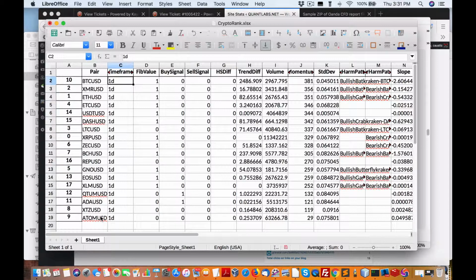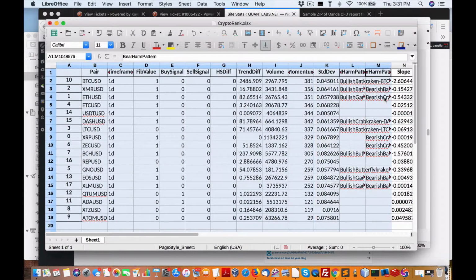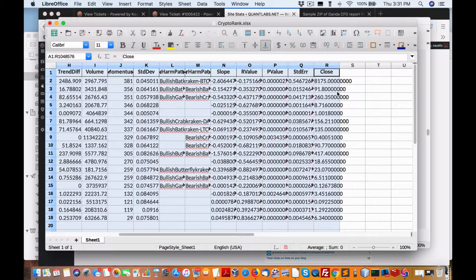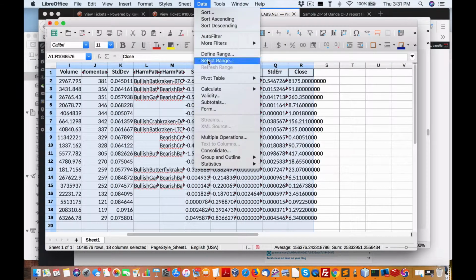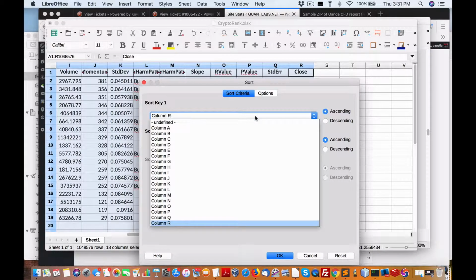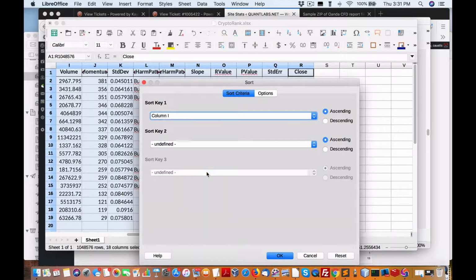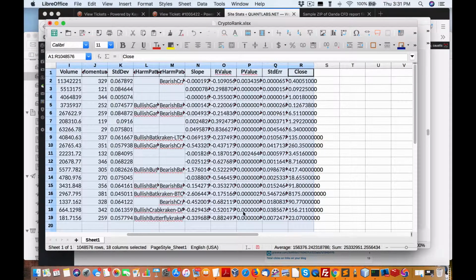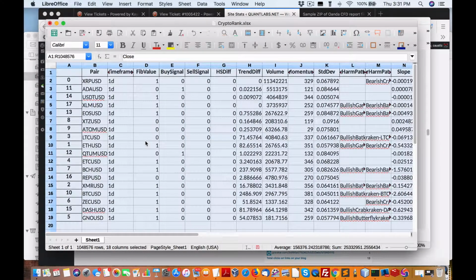I think it's this end. I think I screwed up here. So column I descending. See, column I right here is volume. So here we go. Okay, yeah, this looks right.